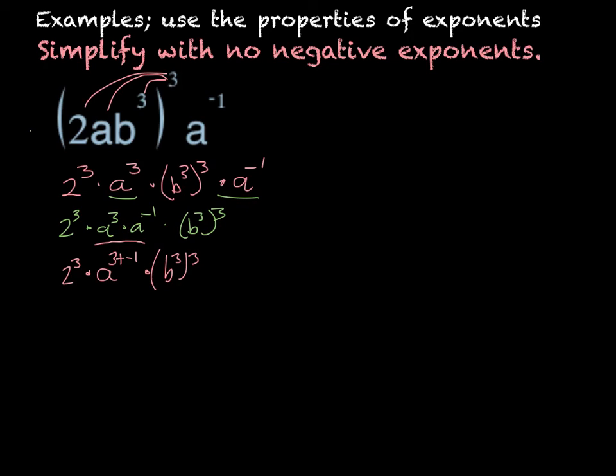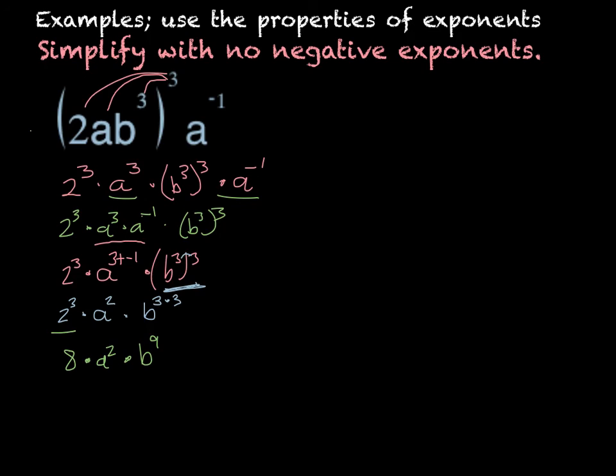Alright, so here I have 2 cubed times a, 3 minus 1 is 2, times here we can go ahead and do what we need to there, which is multiply. So b to the 3 times 3. And my simplification is going to be 2 cubed, which is 8, times a squared times b to the 9th, because 3 times 3 is 9.